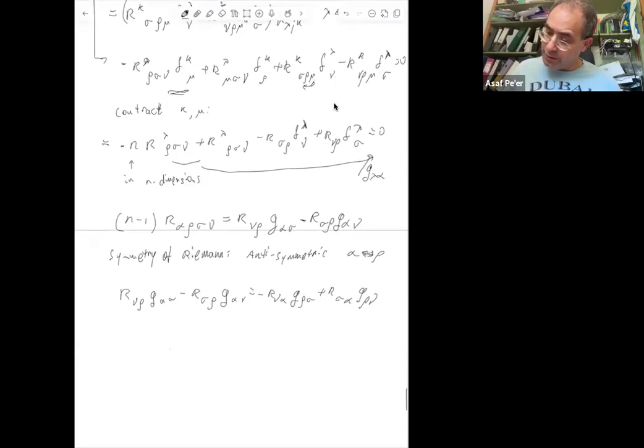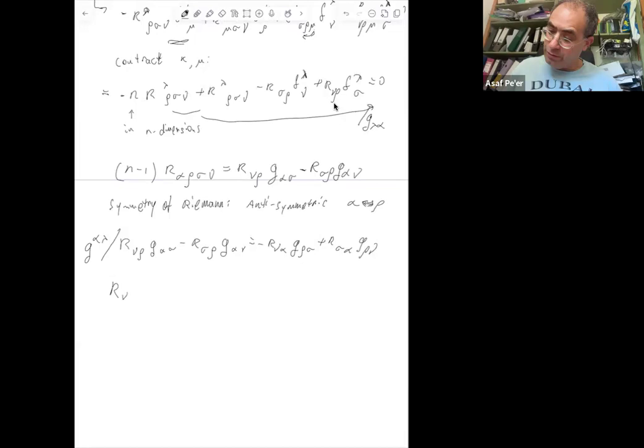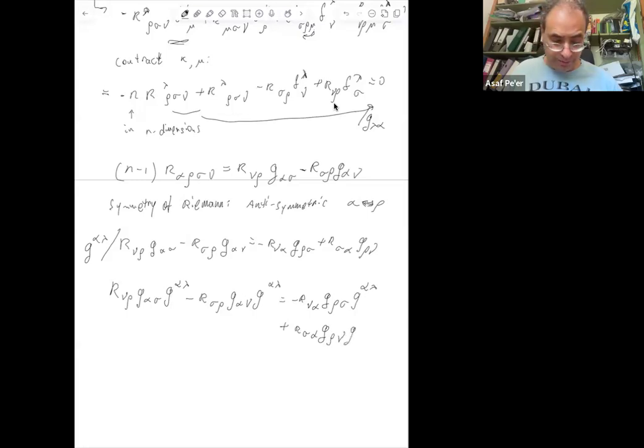And then we're nearly close to the end. We multiply that by g^alpha lambda, and we get R_nu rho g_alpha sigma g^alpha lambda minus R_sigma rho g_alpha nu g^alpha lambda is equal to minus R_nu alpha g_rho sigma g^alpha lambda plus R_sigma alpha g_rho nu g^alpha lambda.